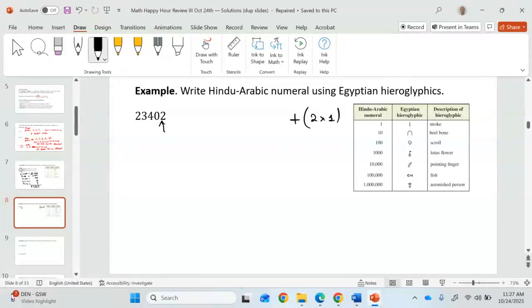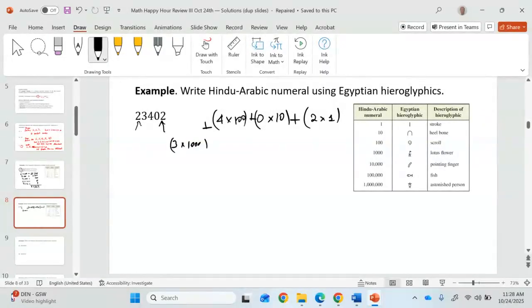And then plus, this is in the place of the tens, which is 0 times 10. And then the 4 would be 4 times 100 because it's in the place of the hundreds. And then 3 is in the place of the thousands, so this is going to be 3 times 1,000.